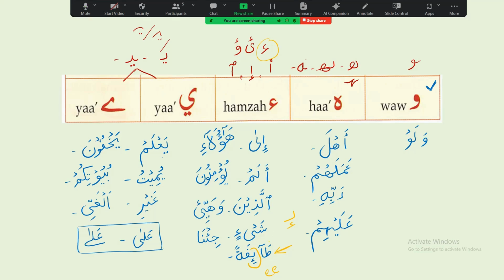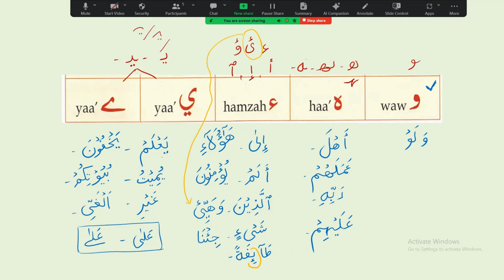Okay, let's see an example of Hamza with this shape. This word here, wahayyi. Here we see Hamza like this on top of ya. Wahayyi, at the end we have Hamza.